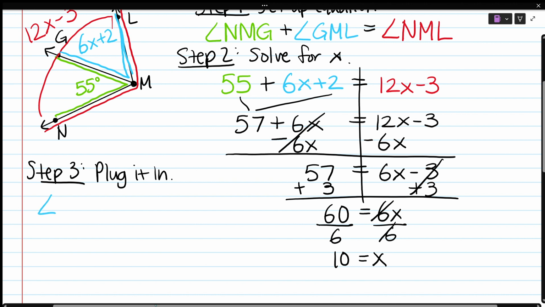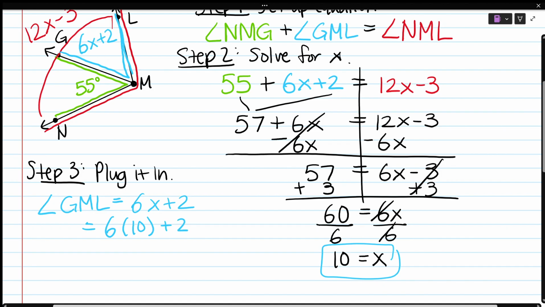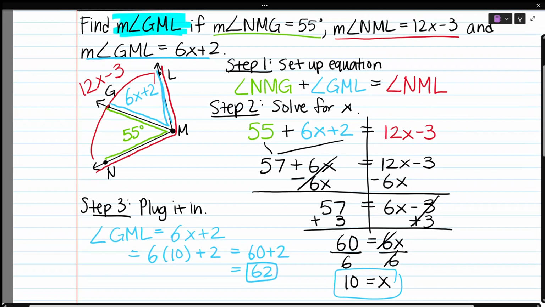Angle GML is 6x plus 2, right? We know x is 10, so let's plug that in. 6 times 10 plus 2, 60 plus 2, that is 62. That's your final answer, 62.